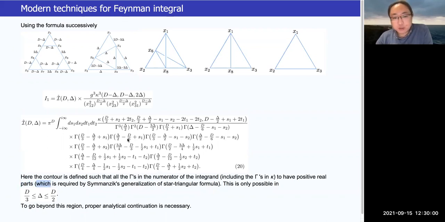You can check that this is only possible if you are in this region. This is also the region where the integration is finite. The Feynman diagram is in a finite region. So this looks a little bit more complicated.